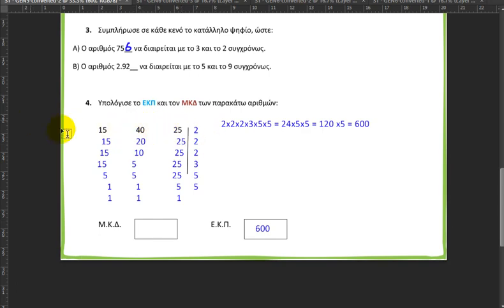And I can't divide either of these two by 25. So, no, it's 5, actually. That's the greatest common factor. 5. And you could have done this with the lines as well if you wanted to, but it's not really necessary.